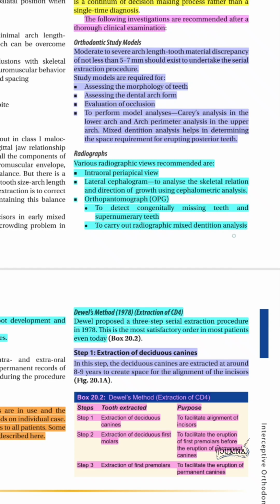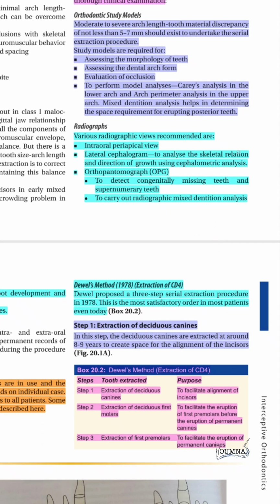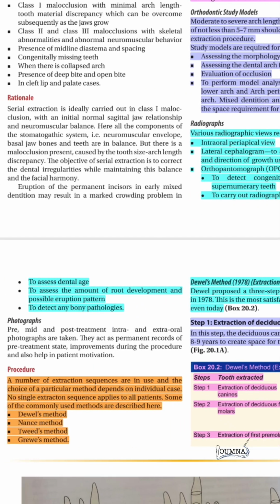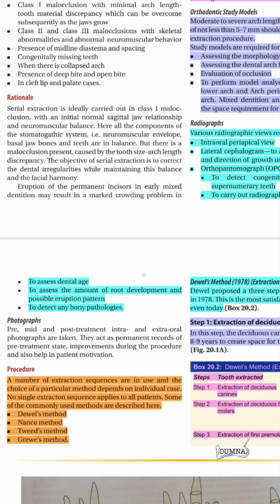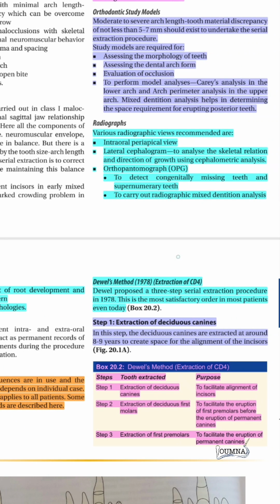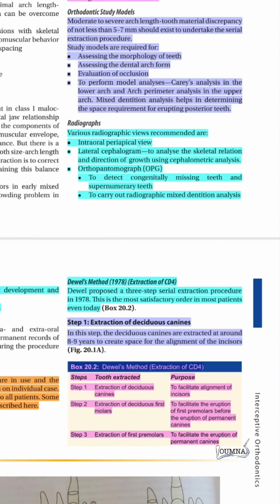We may also take some radiographs, whether periapical or intraoral, to see if there are any ankylosed teeth, or we can see the root development and assess the dental age, and to detect any bony pathologies. We can do cephalometric lateral images to analyze the skeletal relationship and direction of growth.